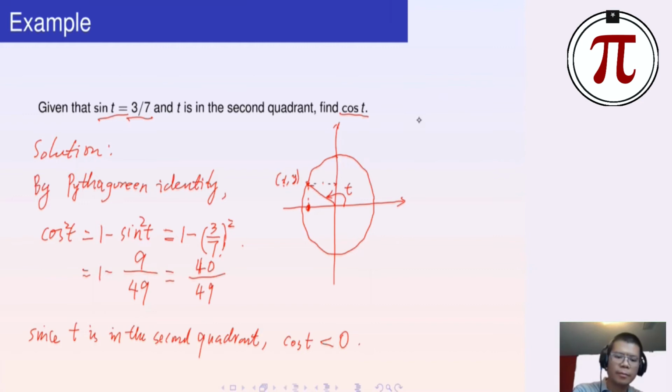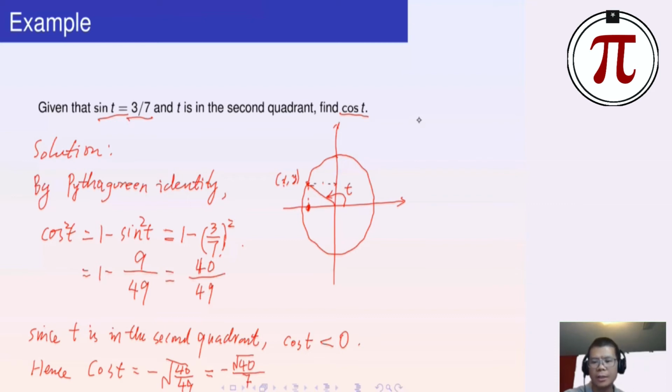Hence, cosine of t equals negative square root of 40 over 49. That is negative square root of 40 over square root of 49, which is 7.